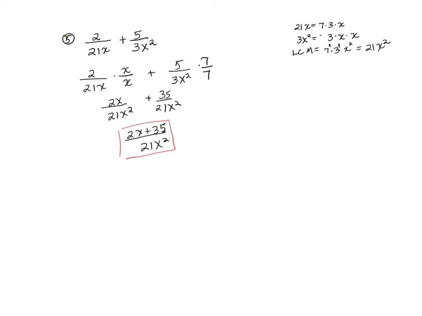So to find the least common multiple or least common denominator, let's write a little summary. What we have to do is prime factorize, so express all denominators as a product of prime factors.